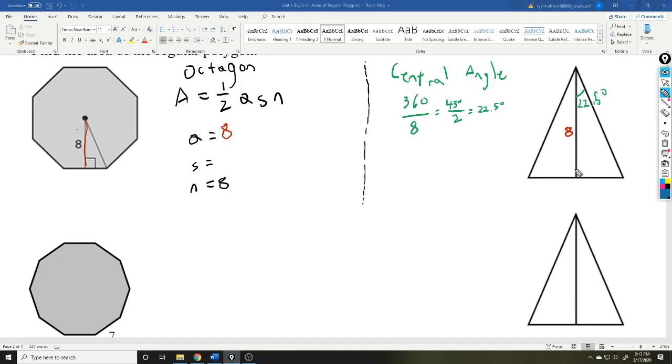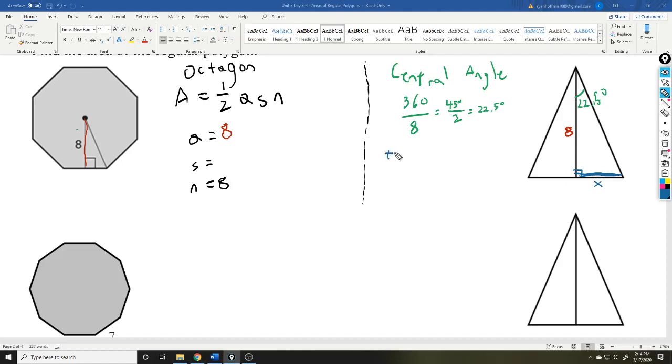Now, this is good news for us, because now all we need to do is figure out what this is. And we got tools to do that. We know our adjacent, and we are trying to find the opposite. So if we know adjacent and are trying to solve for opposite, that's going to be tangent.